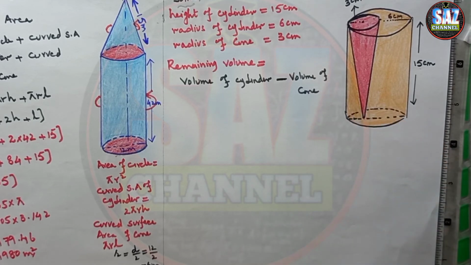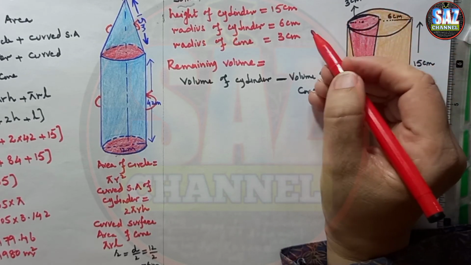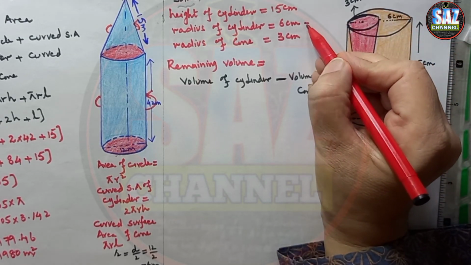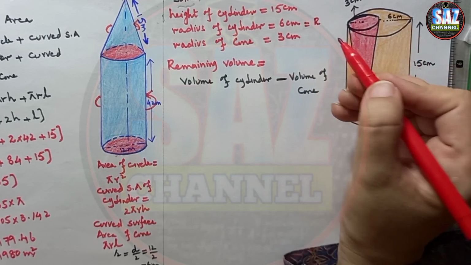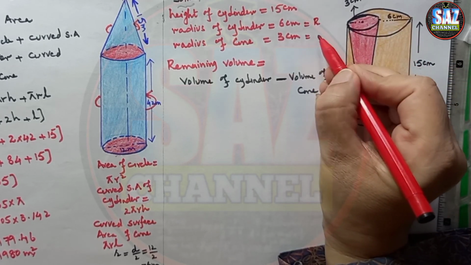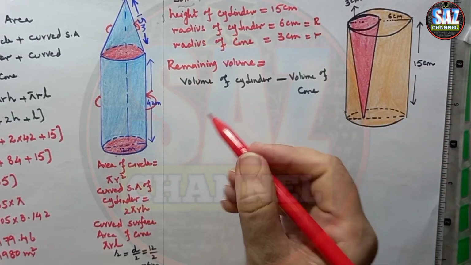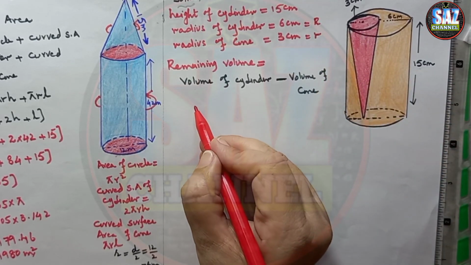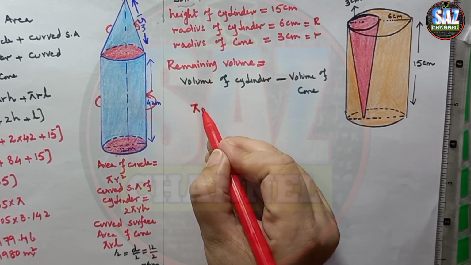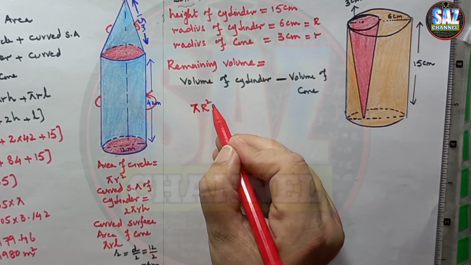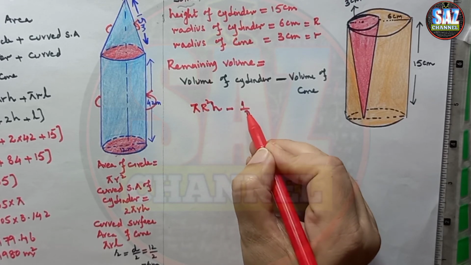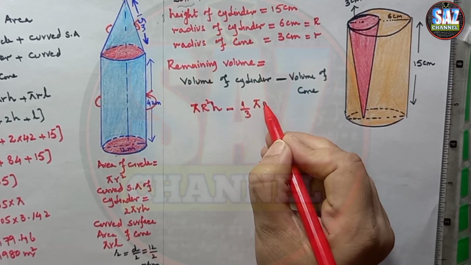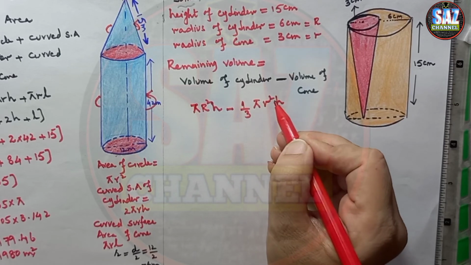Now it's time to write down the formulas. As the question has two different radii, it's better to choose different letters. For the cylinder, I'm using capital R, and for the cone, small r. So the volume of the cylinder formula is pi R square h, minus 1 by 3 pi r square h.